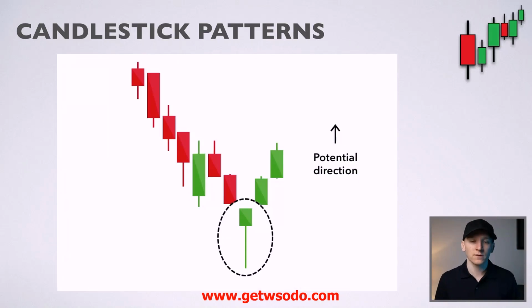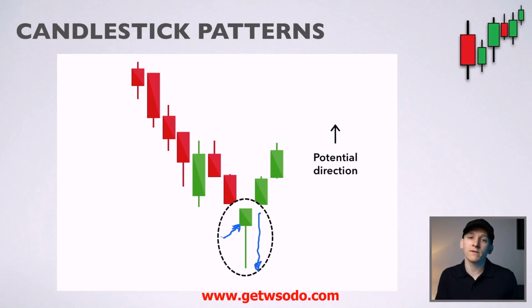So let's see what that looks like if it was perfect, and it doesn't look like this in real life. But what we have right here is a green candlestick. So we know that the close is above the open. So we know that this would be the open right here. And then during the time period, we can see this huge wick down below the open. So we know that during the time period, essentially what's happened is that sellers have come in and forced the price right down.